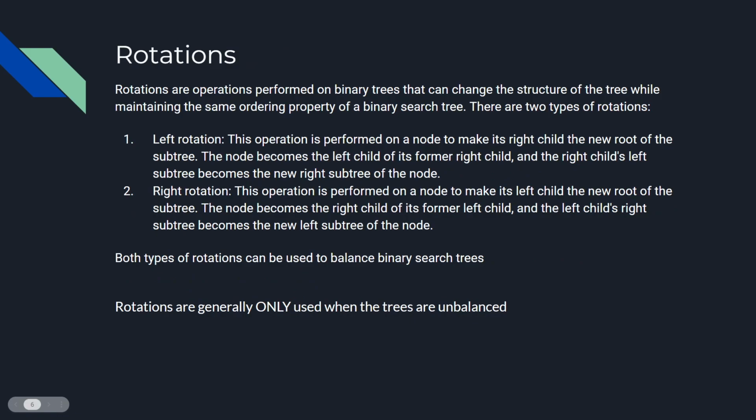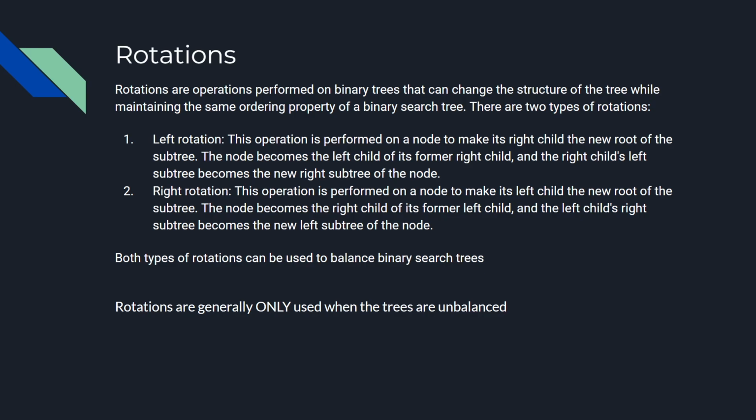So moving on to some rotations. Rotations are usually used, as previously mentioned, when the binary trees are unbalanced. They're also used specifically to balance a tree when it's available, meaning that you can't use rotations all the time. First, the two main types of rotations, and we'll look at examples in the following slide.